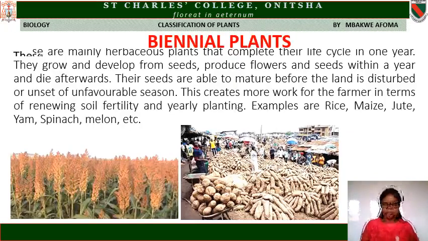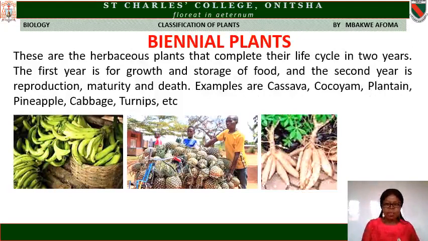Then we look at the biennial plants. This one completes its life cycle in 2 years. They will take the first year to grow, develop very well, store their food, then second year for reproduction, maturity, and death. You see plantain there, you see pineapple, you see cassava, and other ones.